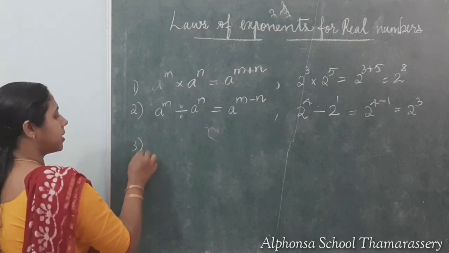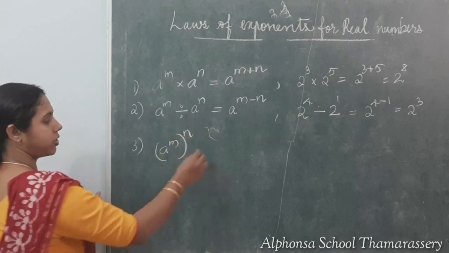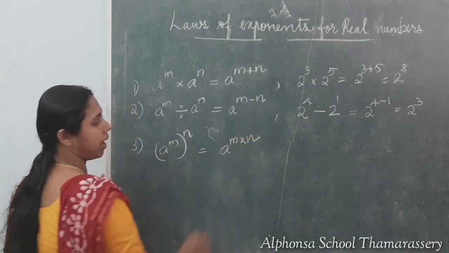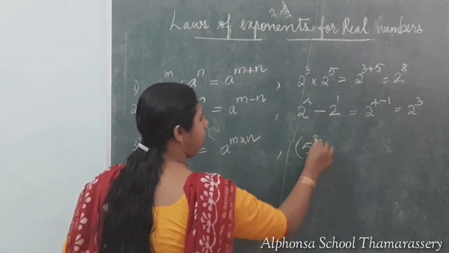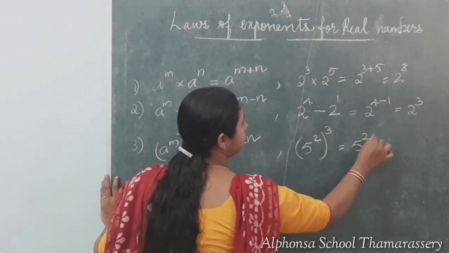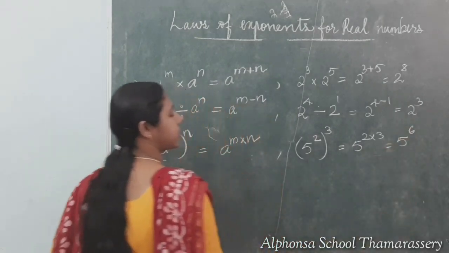And the third law is a raised to m whole raised to n, which is equal to a raised to m into n. For example, 5 raised to 2 whole raised to 3 is equal to 5 raised to 2 into 3, which is equal to 5 raised to 6.